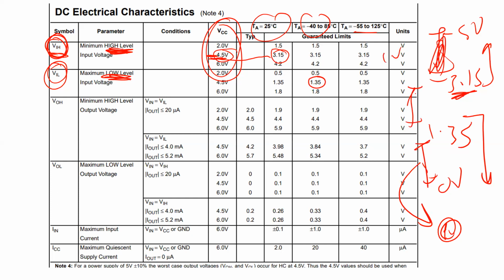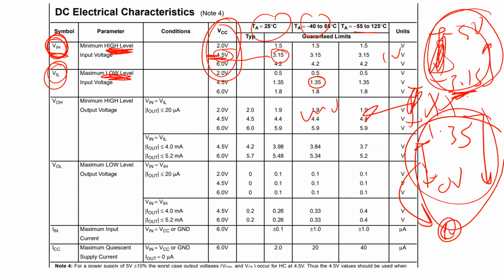What about the area in between? For sure, this is undefined. You should not work in this area, because if you are in this area, the device is not going to act correctly. So if it is logic 1, you have to be in this range. If it is logic 0, you have to be in this range.